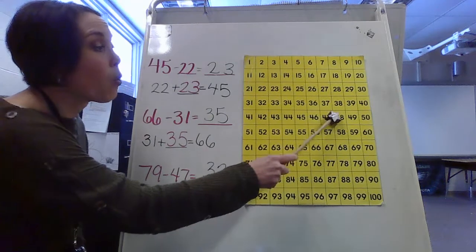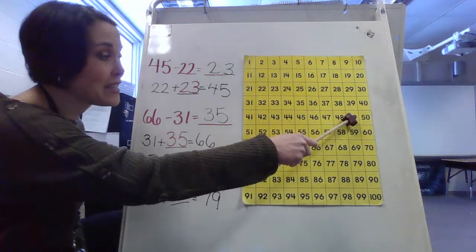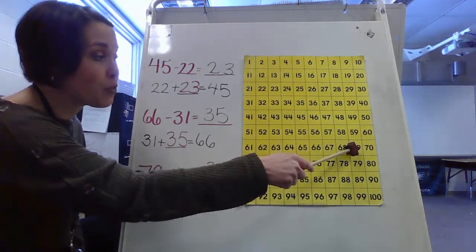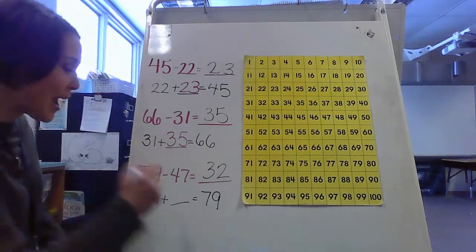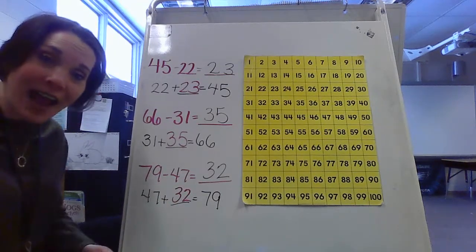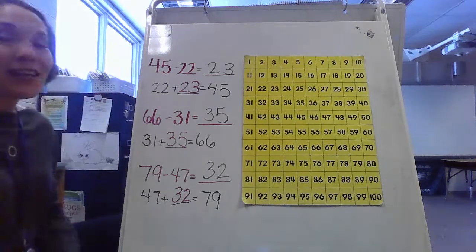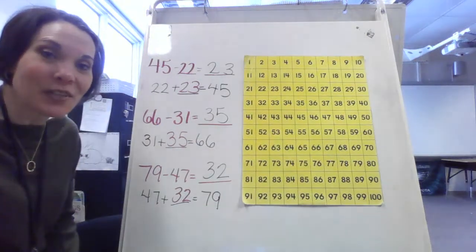So here I go, 1, 2, and then how many 10s? 10, 20, 30. So there we go again. We have 32 as our answer.